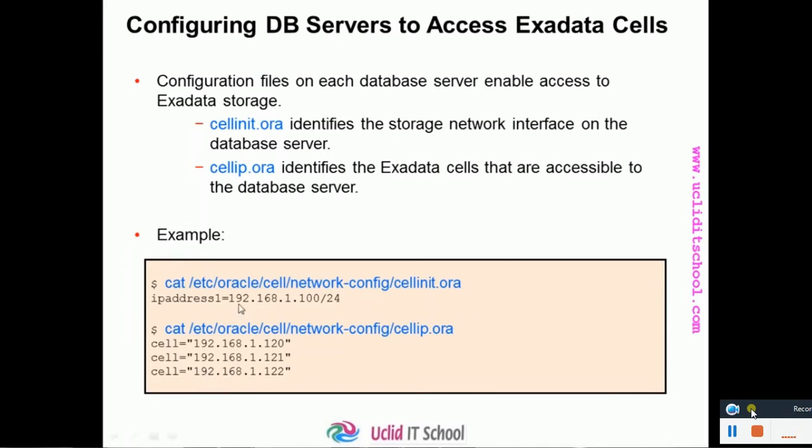So the standard directory for these files is /etc/oracle/cell/network-config. On every database server, you will have this directory. In our lab also, we have created this directory. Under this directory, there are two files, cellinit.ora and cellip.ora.